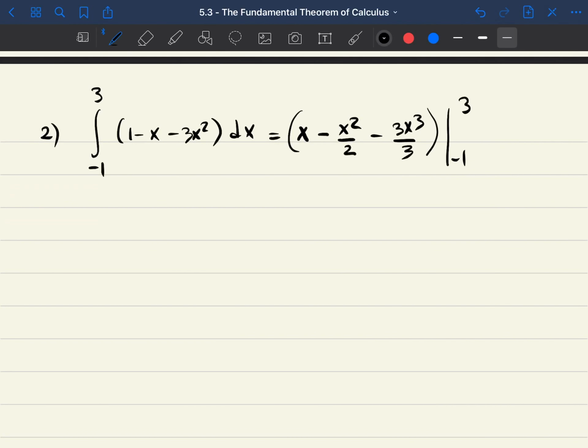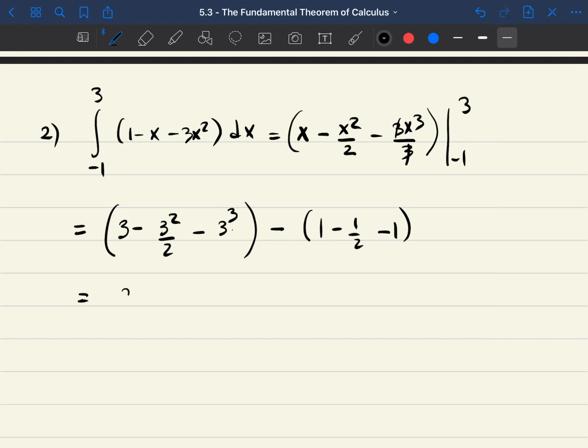So this is equal to 3 minus 3 squared over 2 minus 3 times, by the way, these cancel, so 3 cubed, minus 1 minus 1 over 2 minus 1. Okay, and if you add these, you'll find, well, let me just simplify this. So I have 3 minus 9 over 2 minus 27.